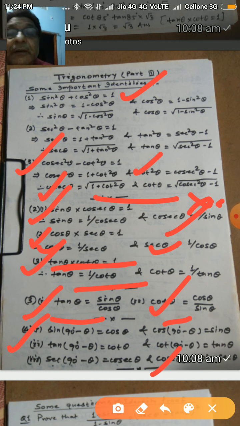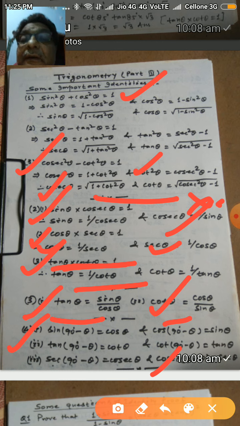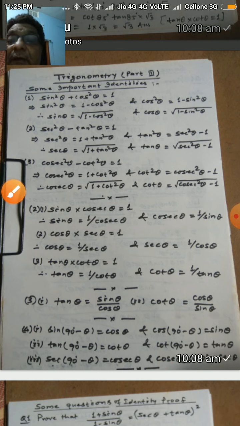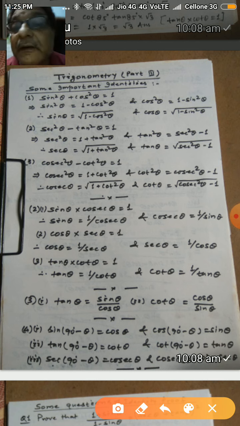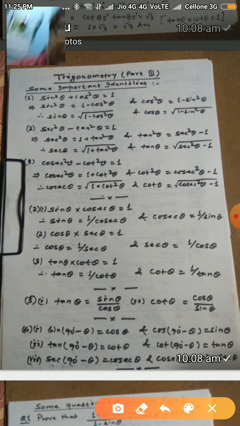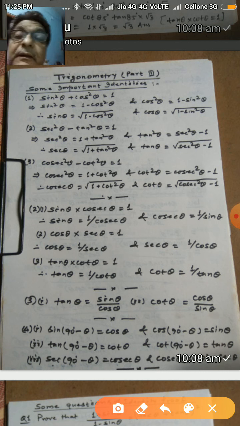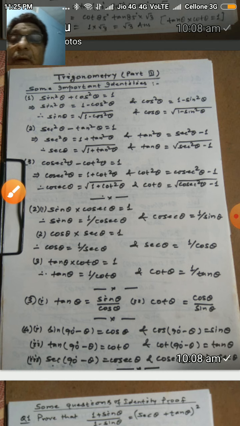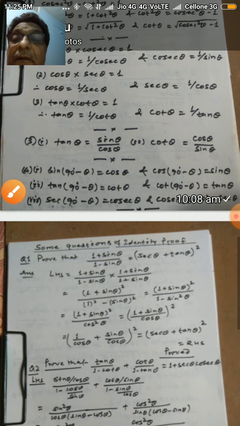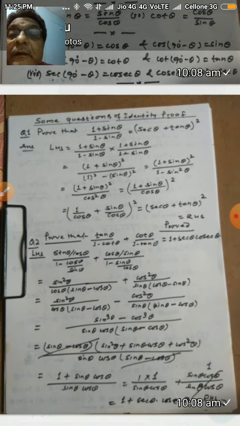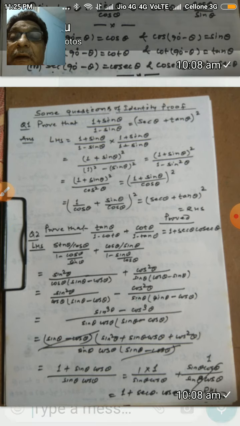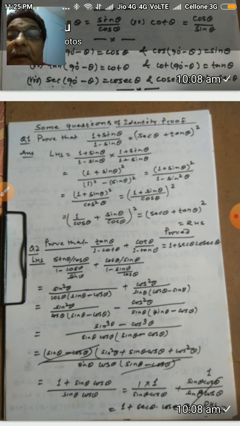You have to memorize all these, then only it will be very easy to solve the trigonometric questions. After listing all these identities, better to say identities because these are not formulae, now we see one or two questions as sample questions and sample answers. See here some important questions like that.